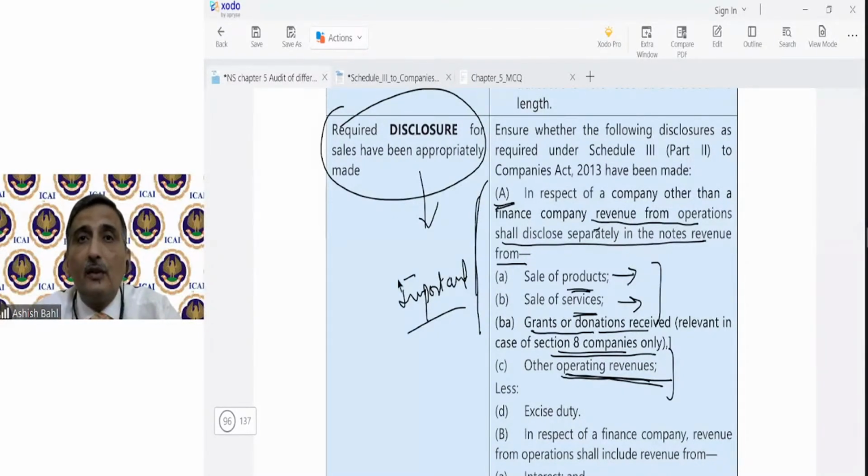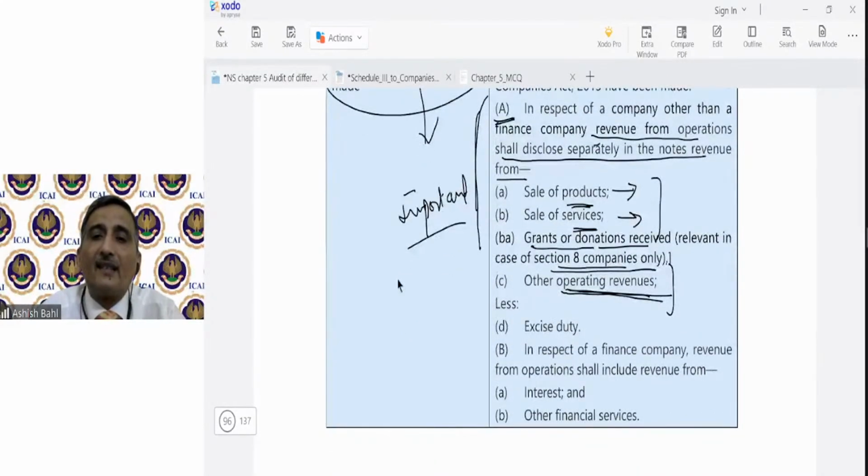Operating revenues, students, you have to understand, are those revenues which are arising from the core business of the company, from the core functions of the company. These are called operating revenues. Less excise duty.